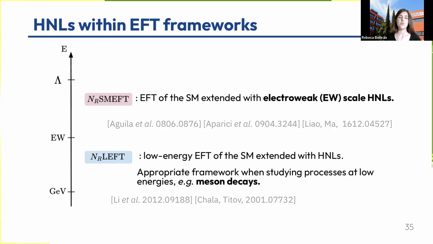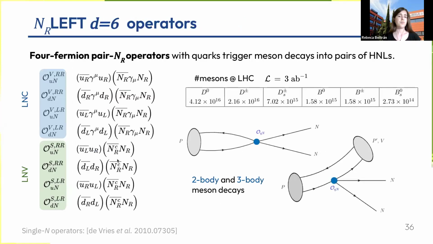We do have lepton number violating operators already at dimension 6. In our work, we were interested in studying 4-fermion operators containing 2 right-handed neutrinos and a pair of quarks, because these can trigger the decays of the mesons into 2-body and 3-body final states.